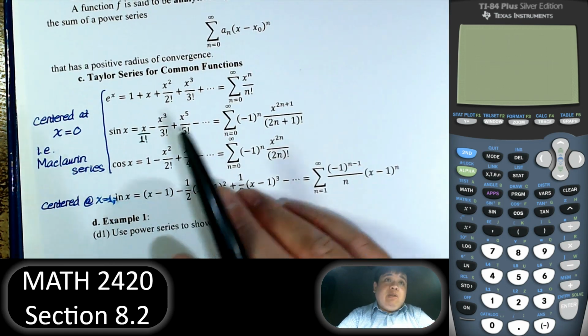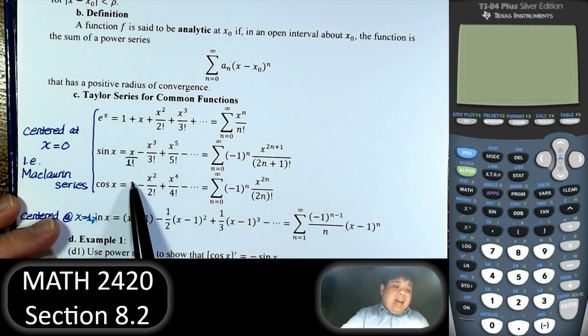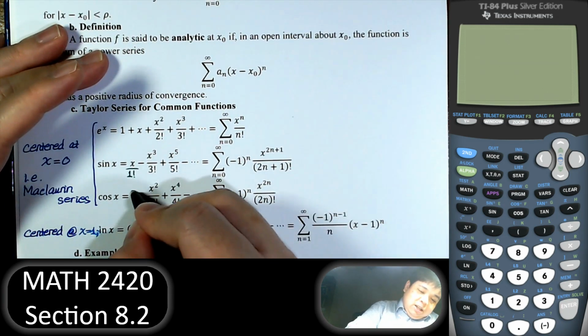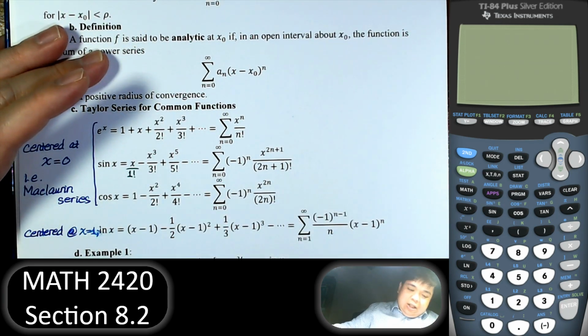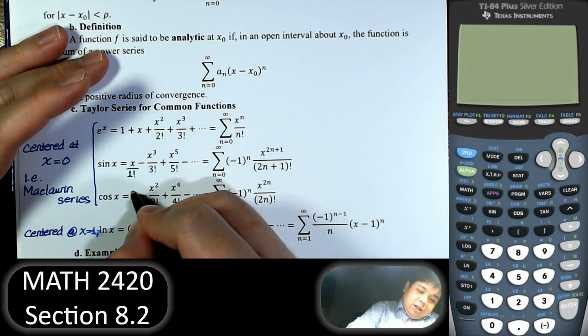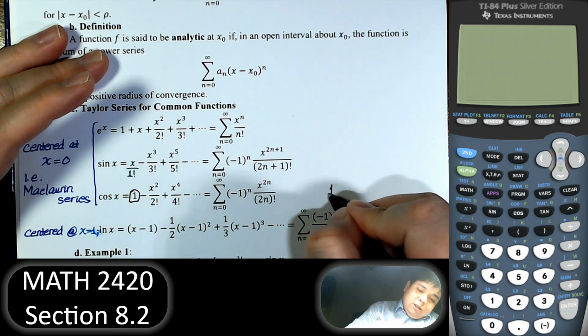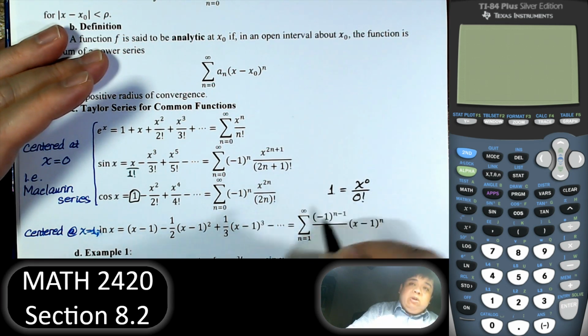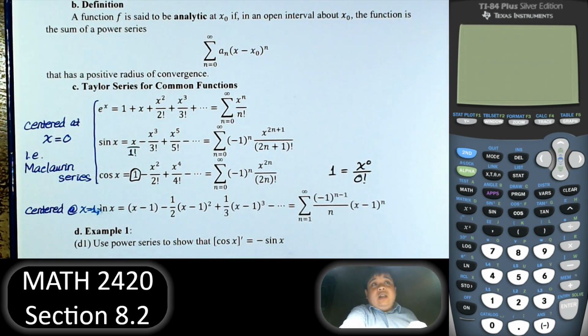And cosine is an even function, so we start with x to the 0 power over 0 factorial, which is 1, right? The 1 here can be written as x to the 0 power over 0 factorial. Bottom line is cosine is an even function.